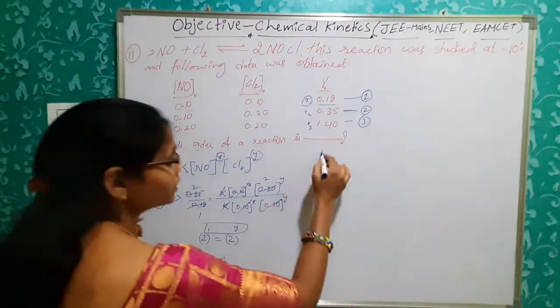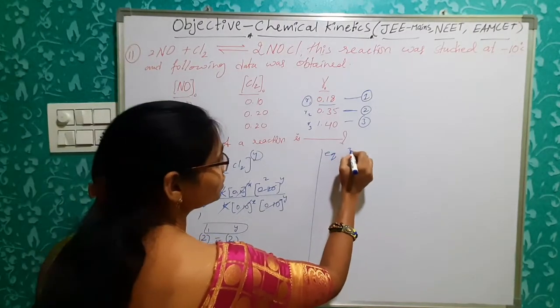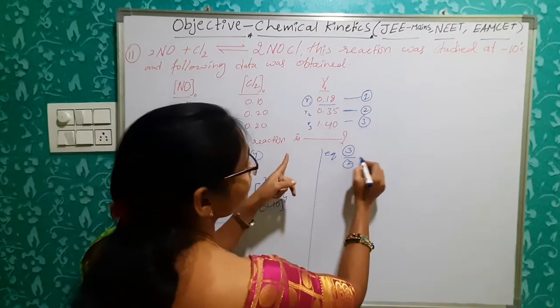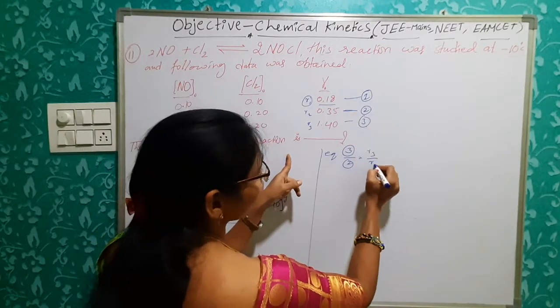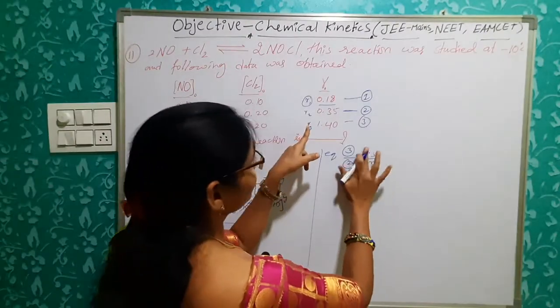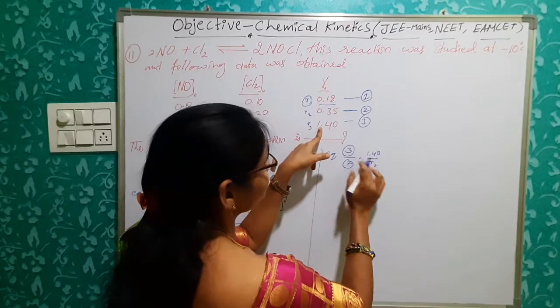Clear? Next, by equation 3 by 2. So simply what? R3 by R2. Okay. So R3 by R2 is nothing but R3 value 1.40.